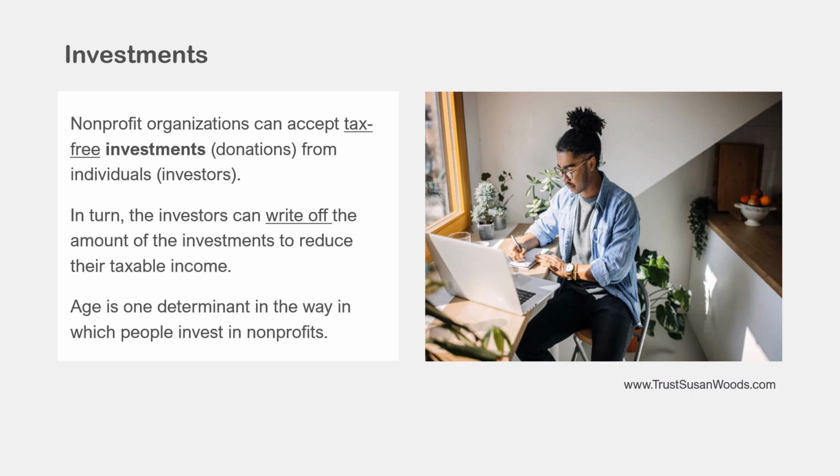Like I said here, age is one determinant in the way in which people invest in nonprofits. So I want to take a look at some generational ages that you need to cultivate relationships with by creating specialized or customized investment strategy approaches.